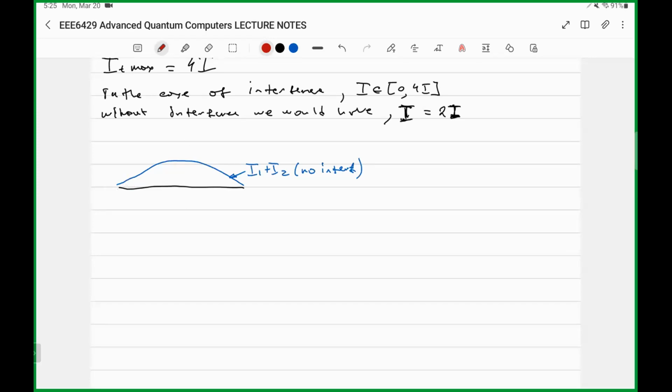And also overlapped with this envelope function. So it would be something like this. Right. So the maximum total intensity with interference at the maximum would be 2 times larger than the maximum intensity in the case of no interference.